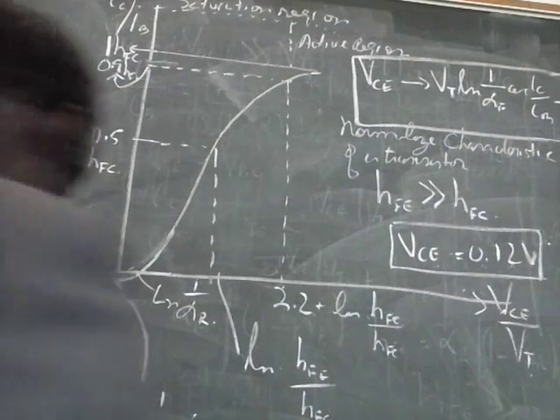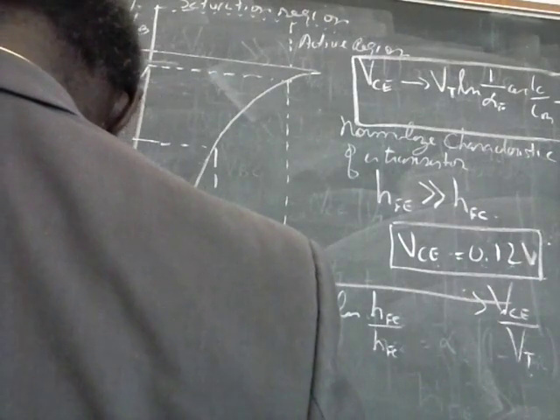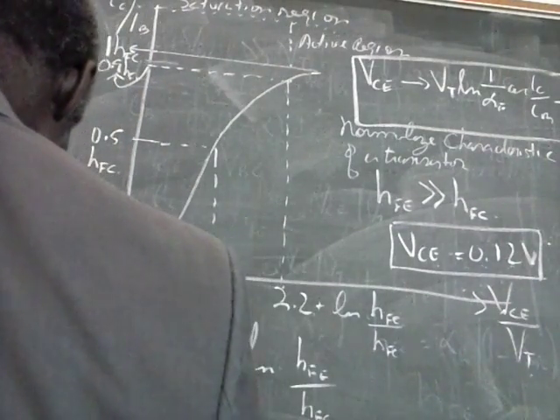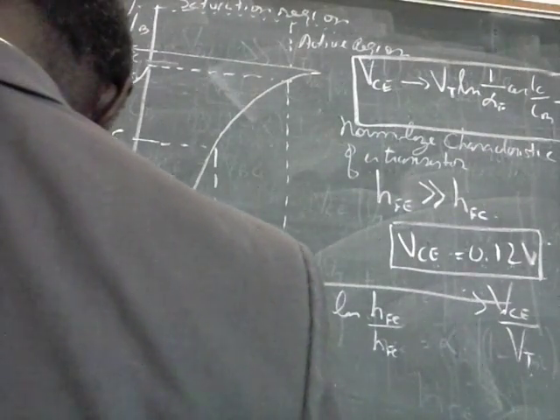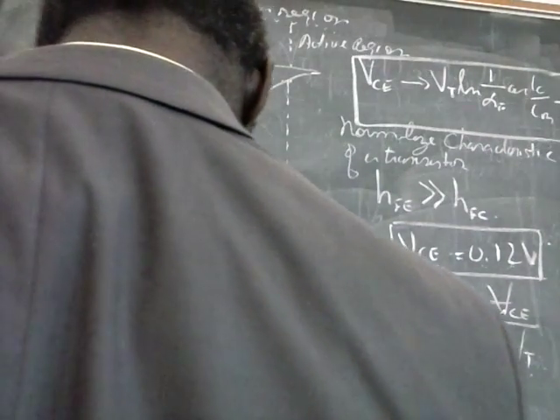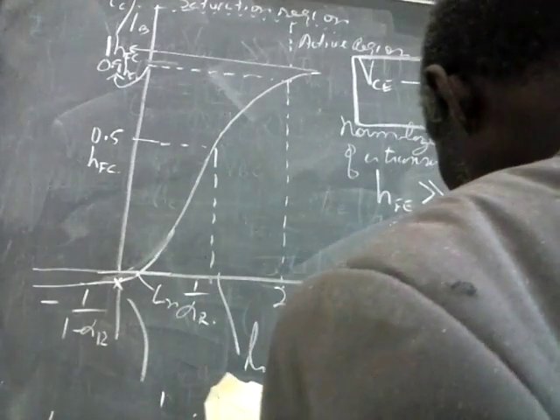And therefore, with alpha R equals 0.01, VCE tends to 0.115 volts.